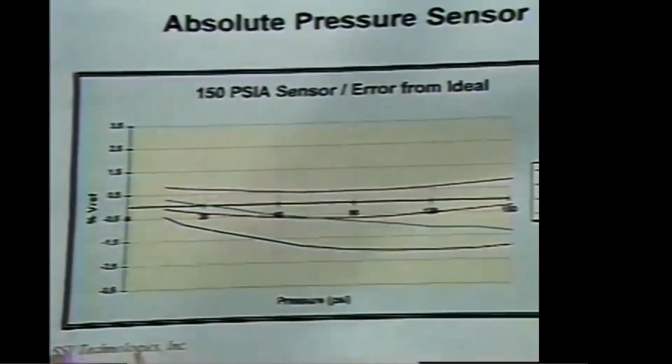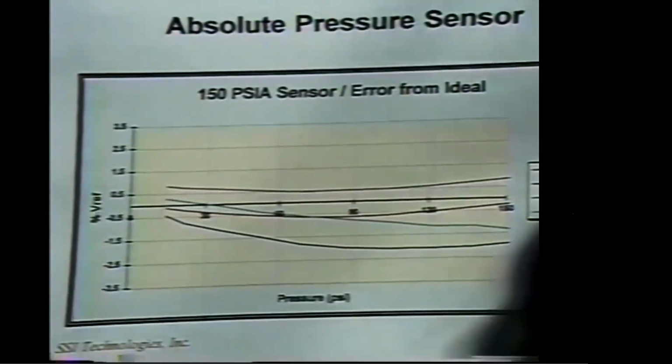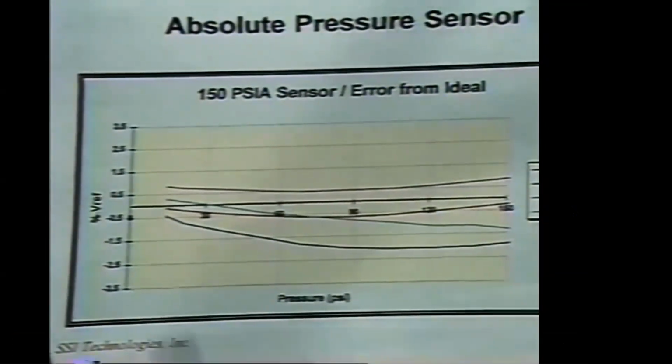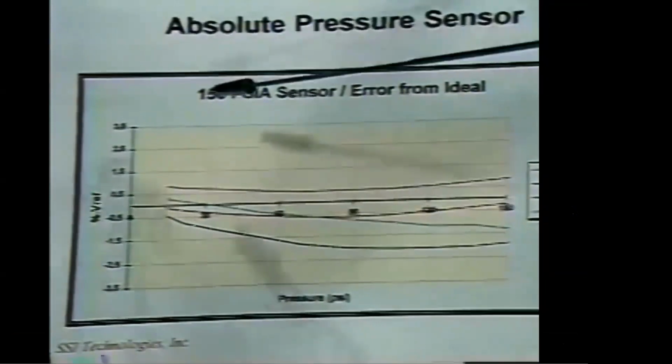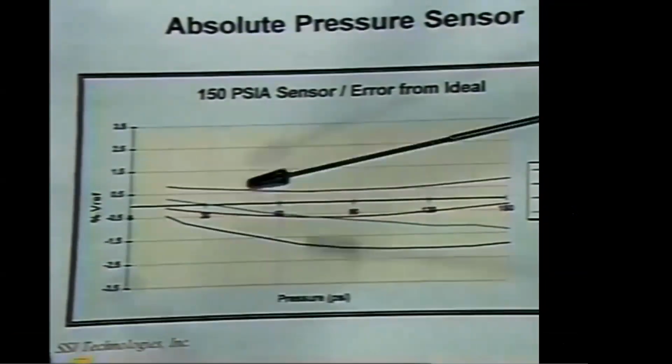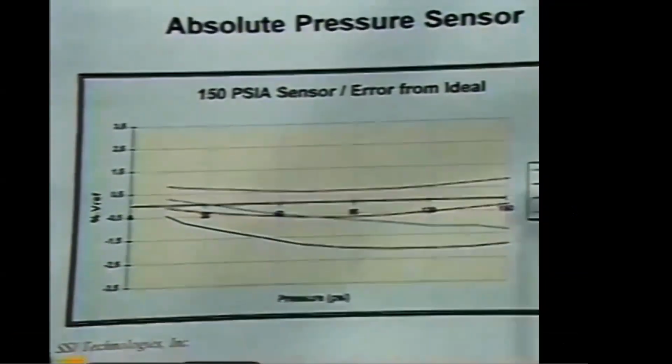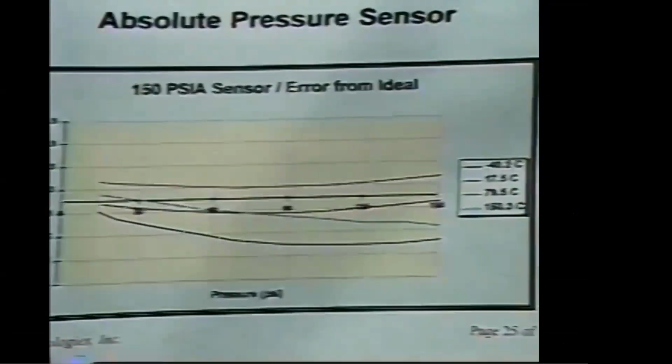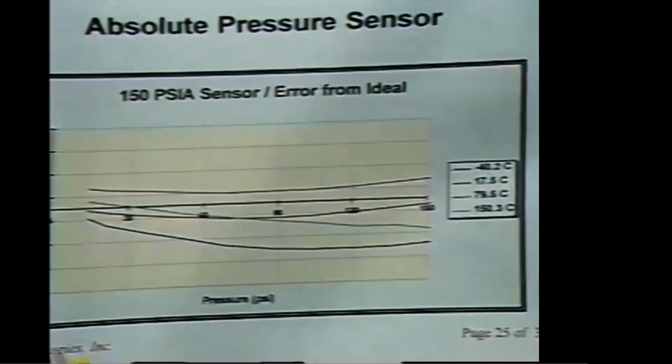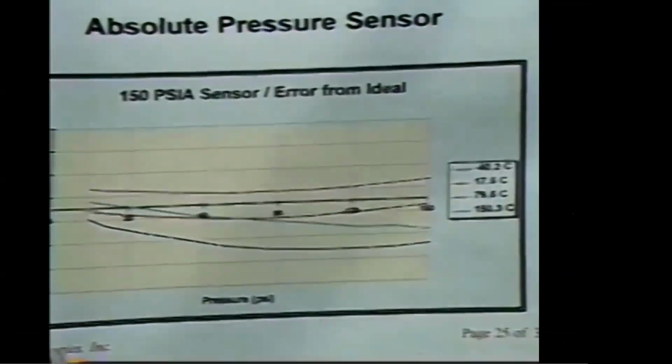And what you see in this chart includes the range given to us normally in a spec, which is typically plus or minus 3.5% of full ref over the entire pressure range and over different temperatures. In this particular case, our temperatures go from minus 40 degrees C to 150 degrees C.